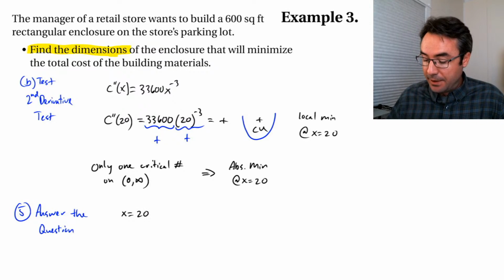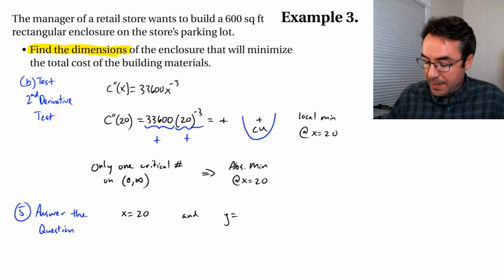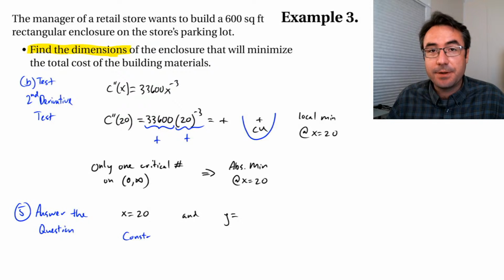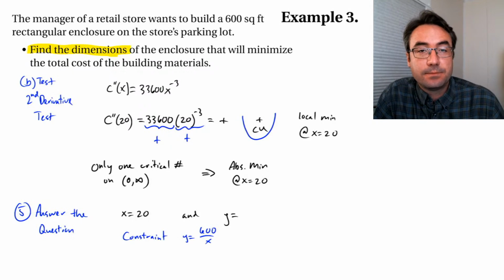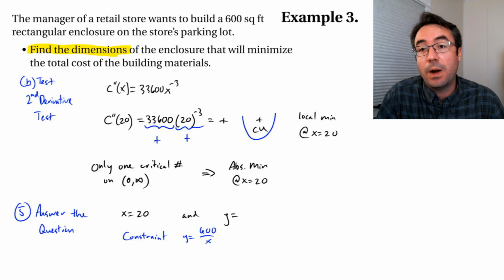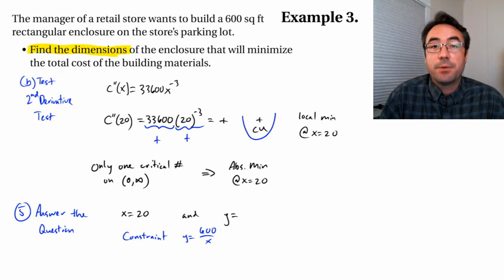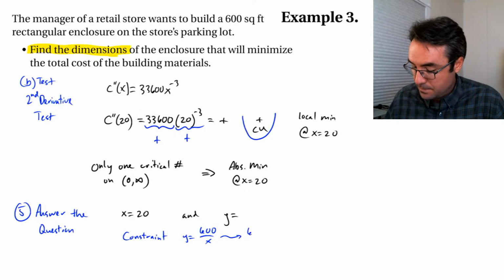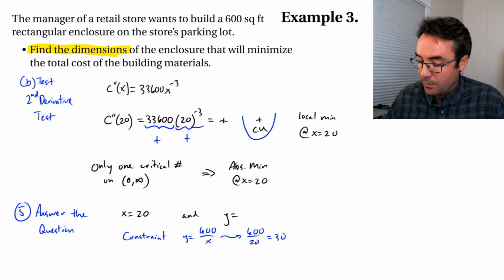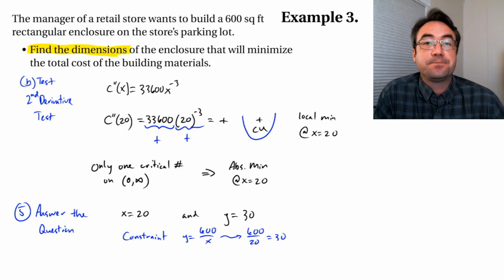And to get the y value, that's where we go back to our constraint equation and figure out the y value. So y is equal to, what did we have? 600 over x came from our area. We solve for y. Then we plug 20 into that. And we end up with 30. So our y value must be 30.